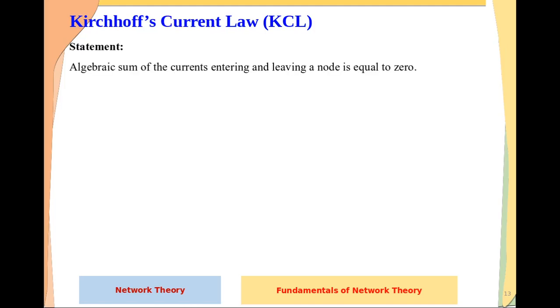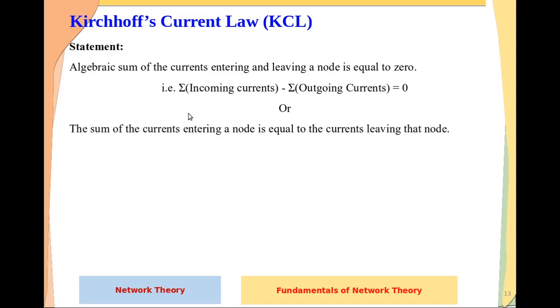Okay, now switching back to KCL. As per the statement, the algebraic sum of currents entering and leaving a node is equal to 0. That's nothing but the sum of incoming currents minus the sum of outgoing currents is equal to 0, or in other words, the sum of currents entering the node is equal to the sum of currents leaving that node.